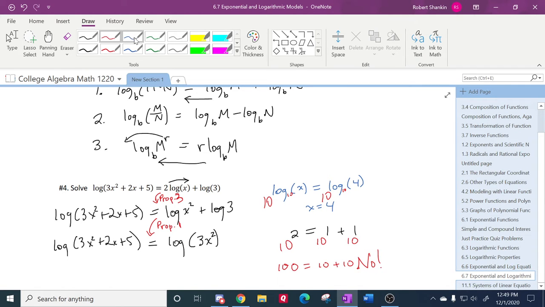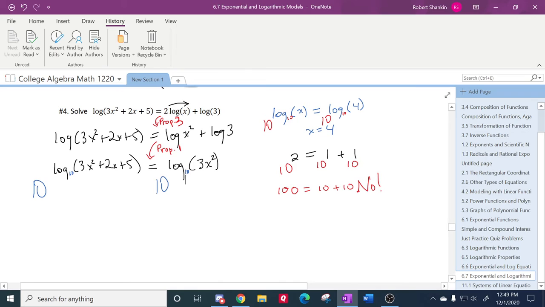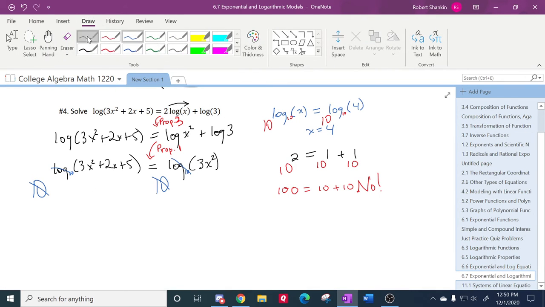And then, what's going to come next? Now I have 1 log equals 1 log is kind of like this over here. There's an unwritten base 10. These are going to kill each other off. They're inverse functions. And I am going to get this equation.